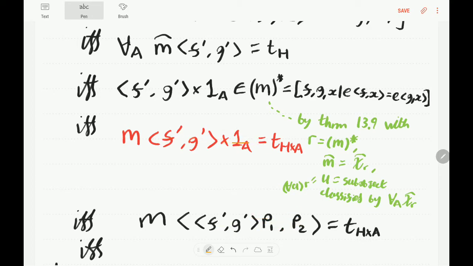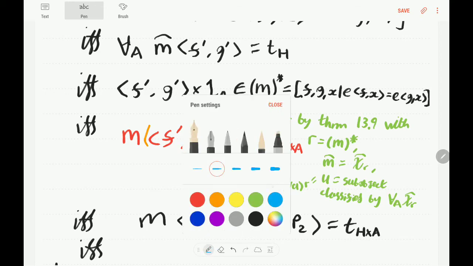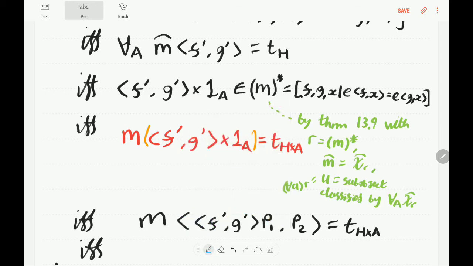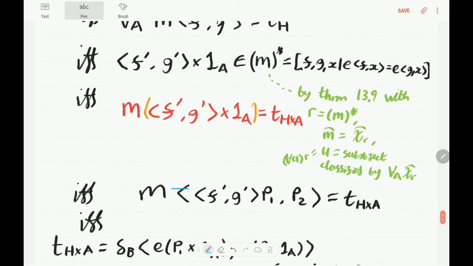That's a rewriting of this part. So this is going to happen if and only if m of f dash comma g dash p1 comma p2 gives true.